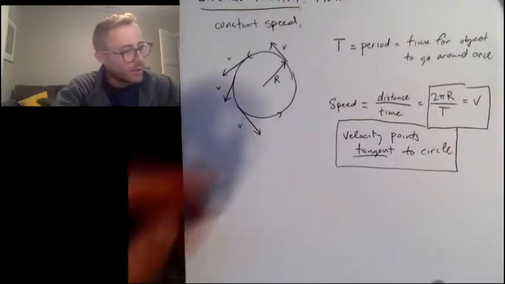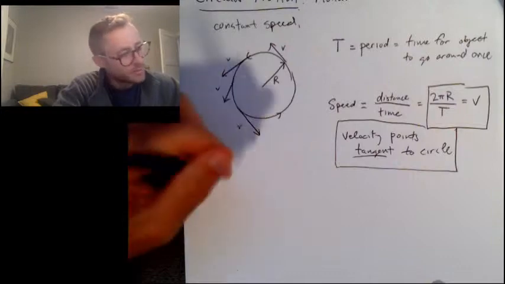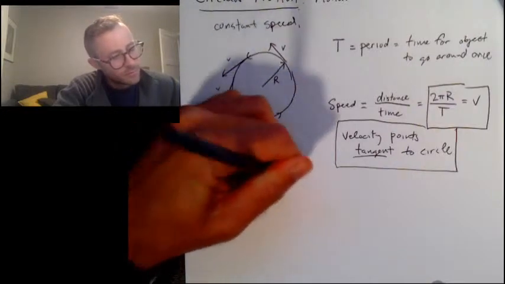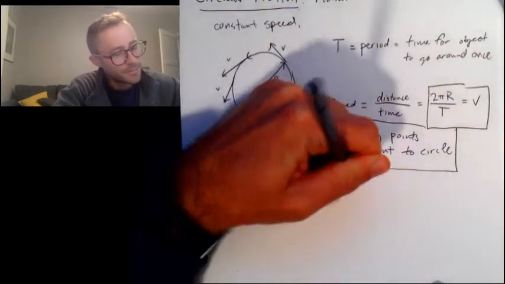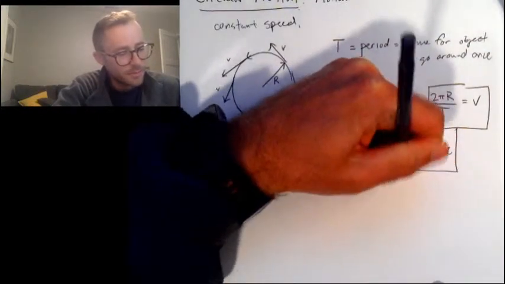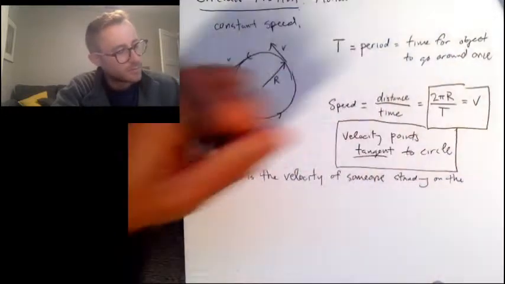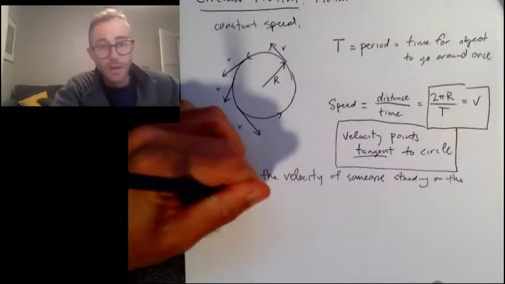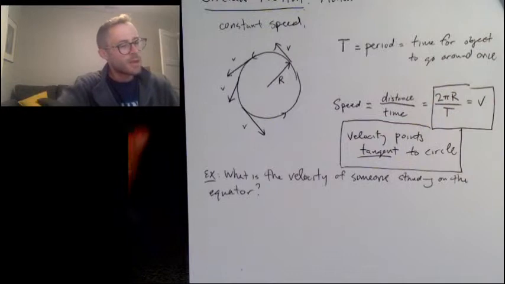One thing I like to do is think about what is the velocity of someone standing on Earth's equator. So if you were standing on the Earth's equator, what's your velocity going to be?